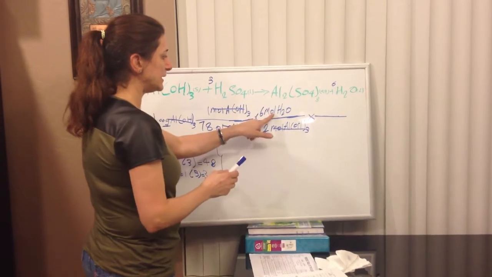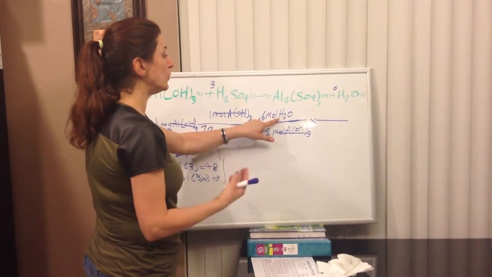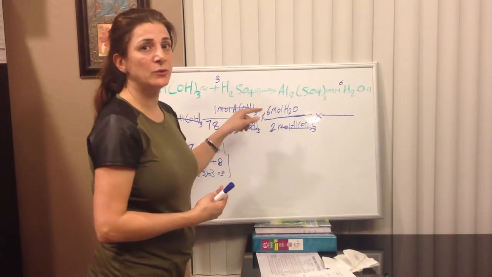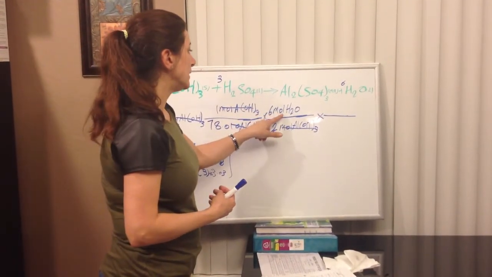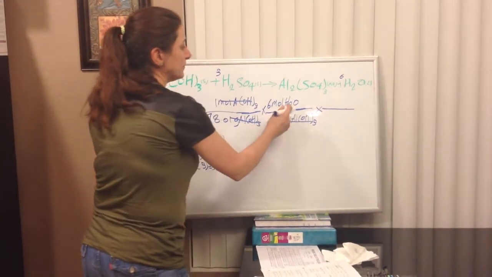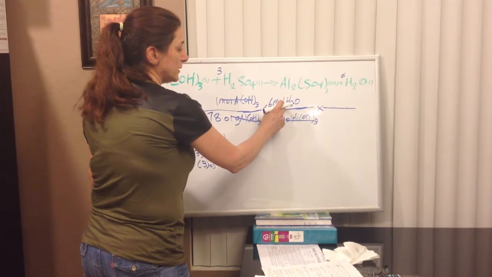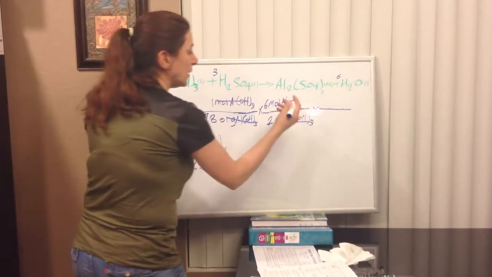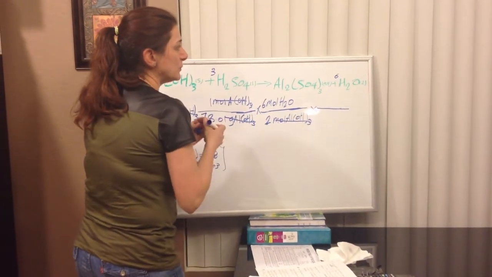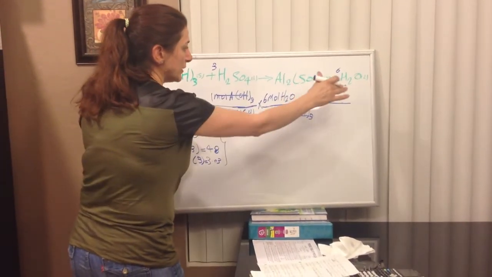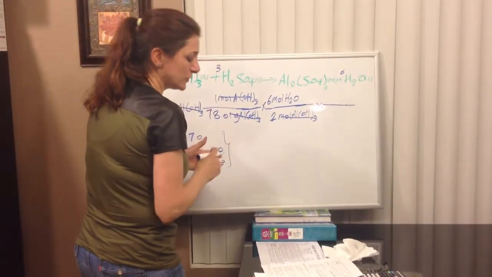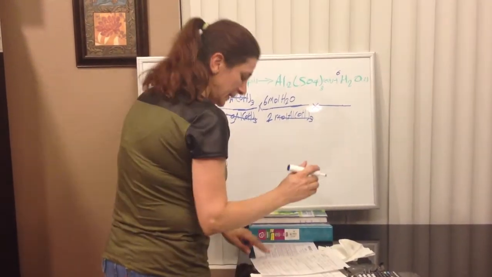Because I want to calculate the water, the water is going to go in the numerator. After that I'm going to find the mass of the water, because I want to end up in grams, to see how many grams of water come from the aluminum hydroxide.